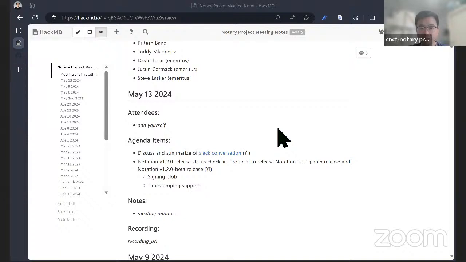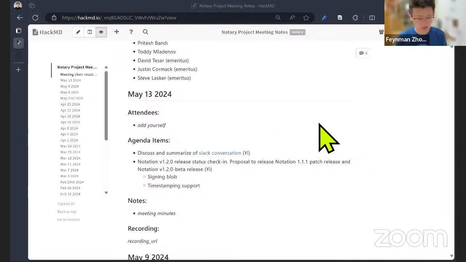Here's my screen. Yes, I can see it. Thanks, Payment.